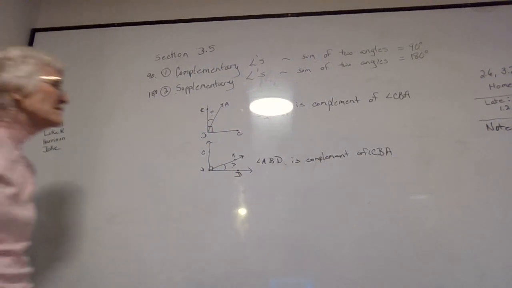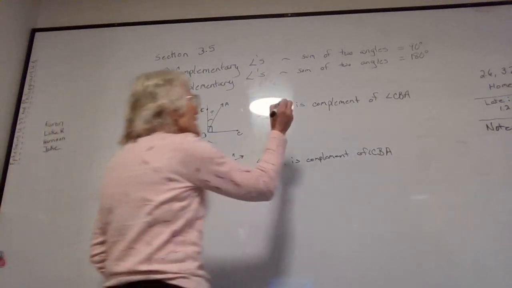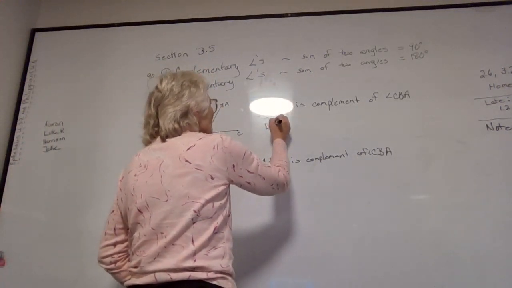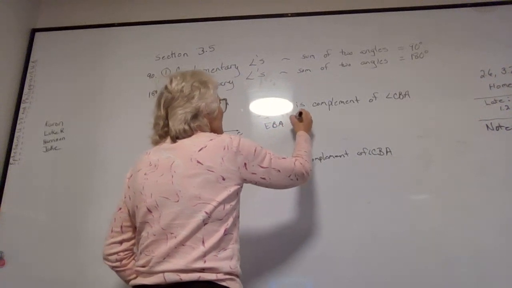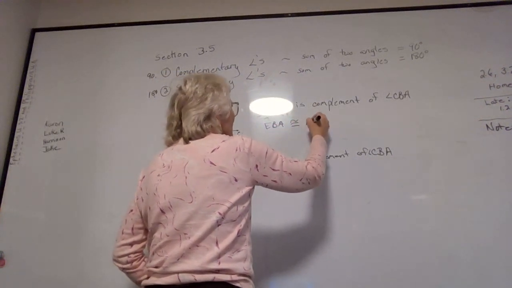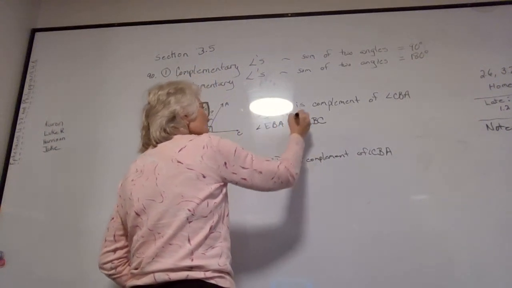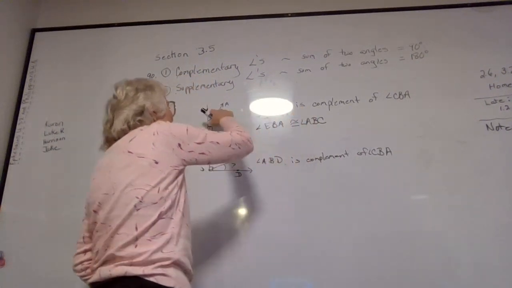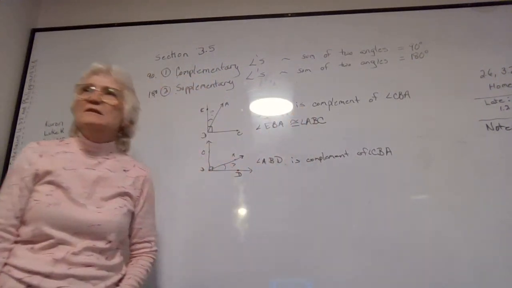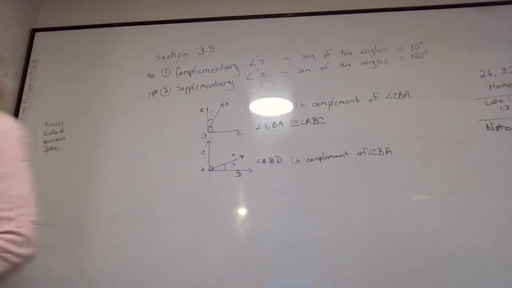They are the same. Then EBA is congruent to ABD because they are going to be the same measure. Okay, does that make sense? They're going to be the exact same size.